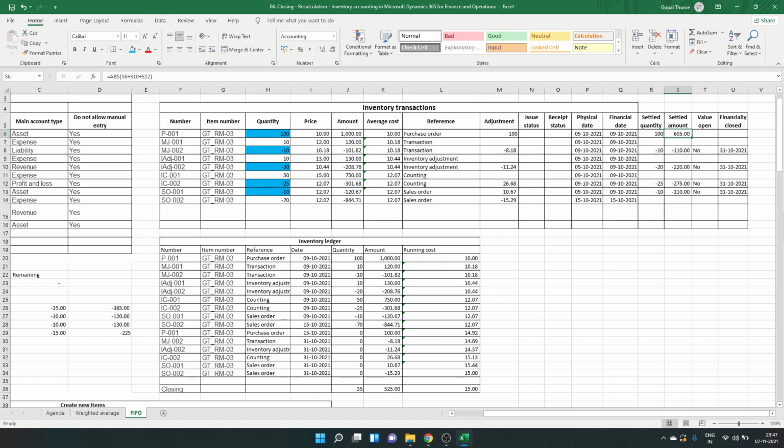So the entire 100 quantities are settled. Then from this lot, 10 quantities are settled, correct? And the settlement amount is 110. From here, the entire 10 quantities are settled, and the cost is, sorry.